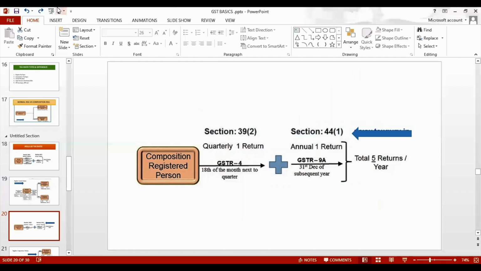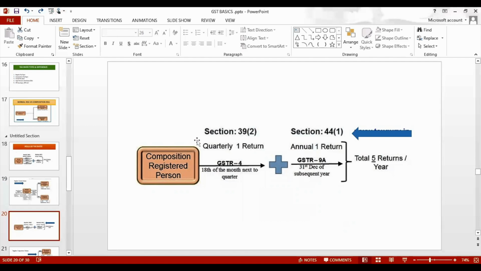Composite dealers cannot file sales registration, purchase registration documents, and returns every month because the turnover is very low. That's why they can file quarterly returns.